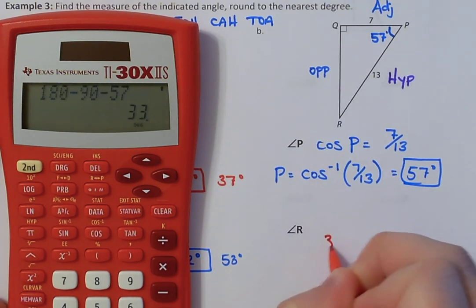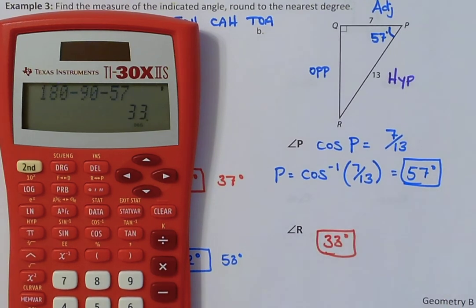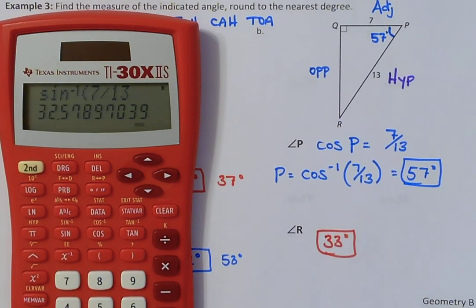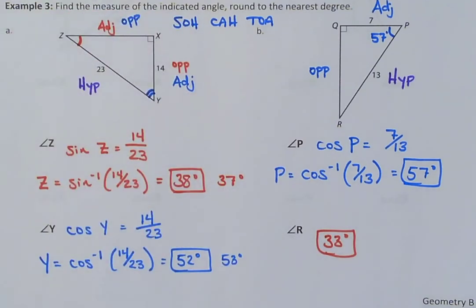If we went through and did the math using sine inverse of 7 divided by 13, we would get 32.57, which rounds up to 33 degrees. And that is how you go through and use sine and cosine to find the measure of an angle.